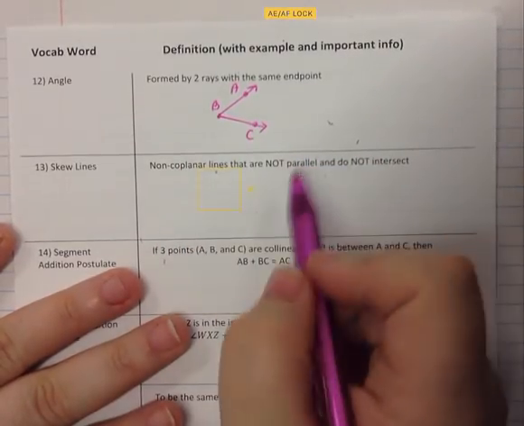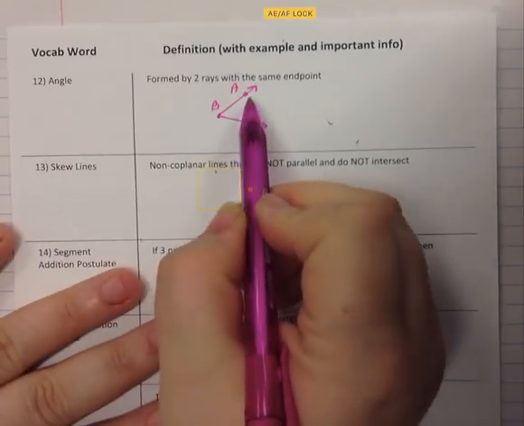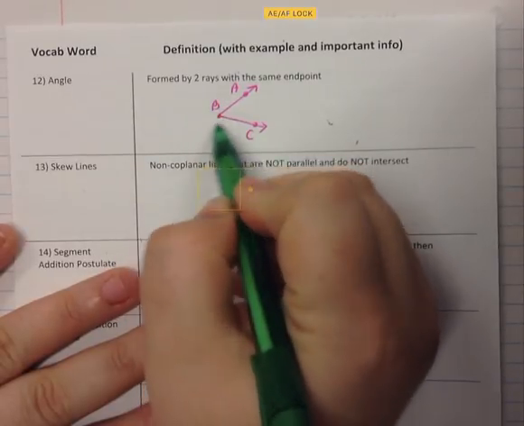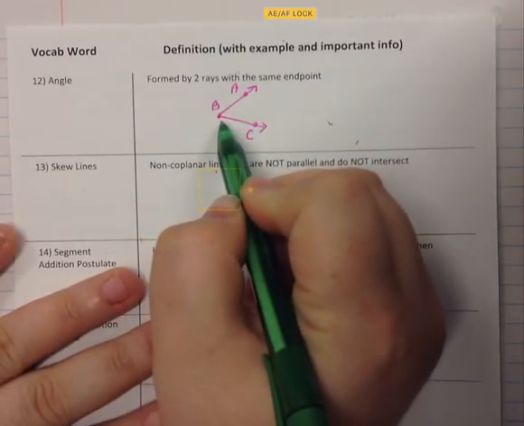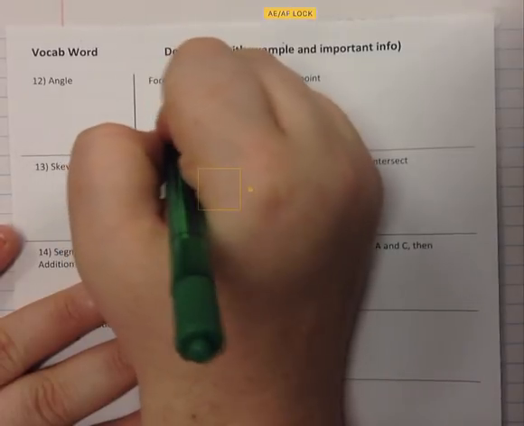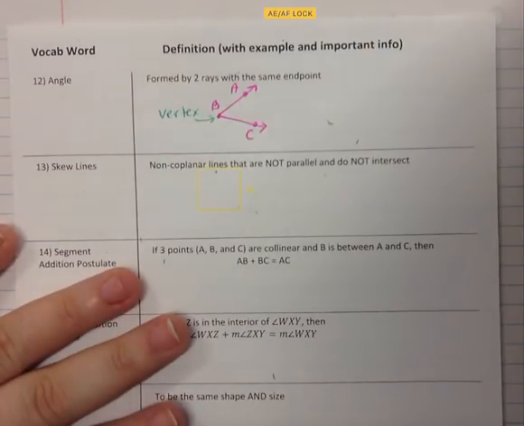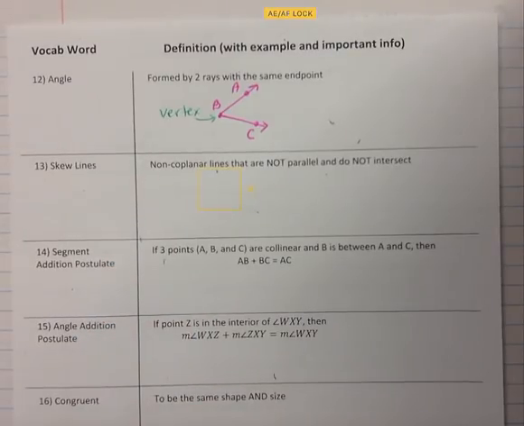We have an angle. There are multiple ways you can name this angle. The first part is knowing that your B, your endpoint of both of your rays, is actually called your vertex. The vertex is the part that you need the most because that is part of how you name your angle.